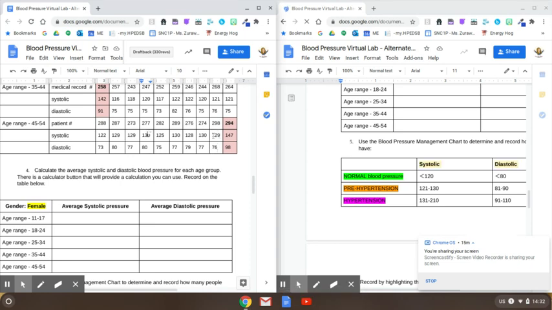So if a person is 129 over 76, so we know they're good in the diastolic. 129, they're a little high, so we could place them as pre-hypertension.